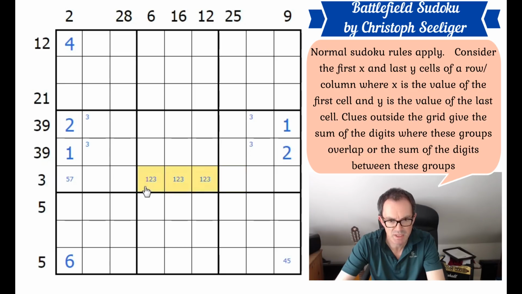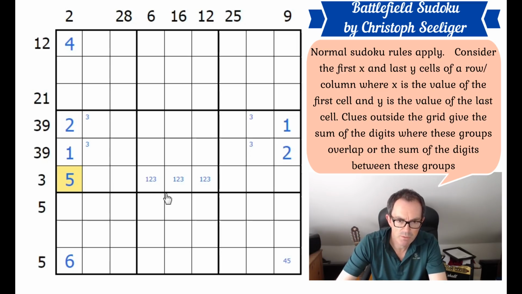So it's got to be some subset of these cells only that we're counting. It's either going to be a solitary 3 or a 1 and a 2, so it can't possibly include this square. So this is a 5. Now, if it's a 5... yeah, okay, so now, what are the options here?